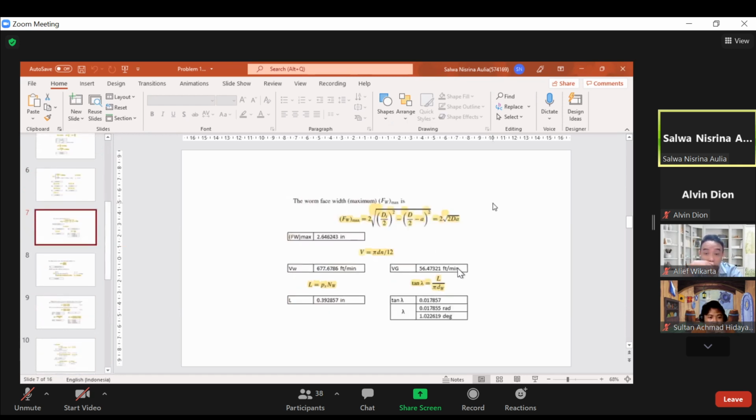And we know the face width maximum of worm, and the tangential velocity of the worm and the gear with this equation.